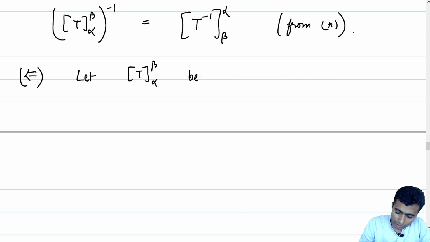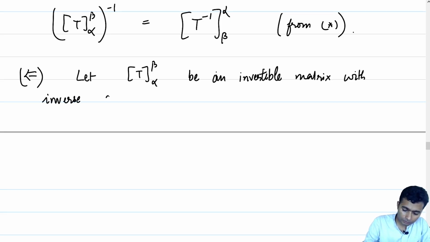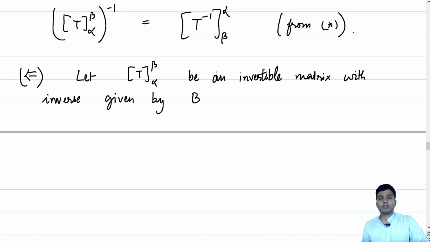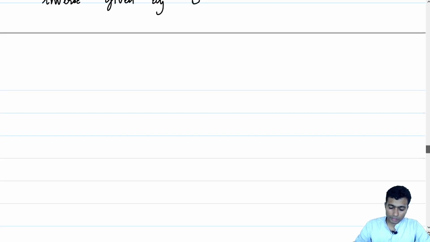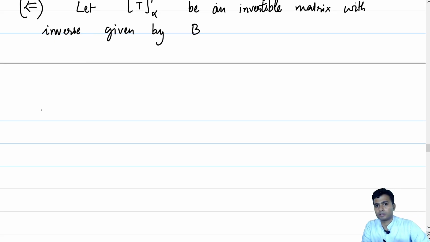Let this matrix be an invertible matrix with inverse given by B. So let us give some name to alpha, or rather the vectors. Let us list down the vectors in the ordered basis alpha and beta.